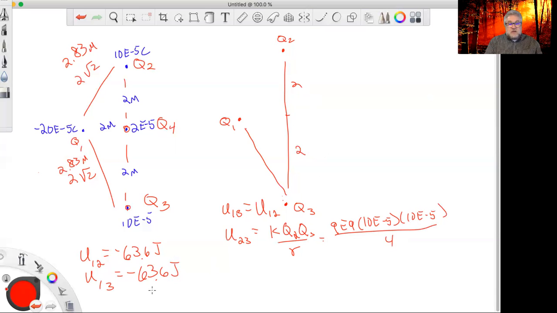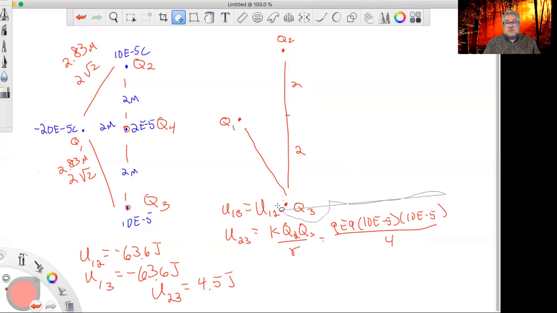And when I calculate that one, U23 is going to be 4.5 joules. Okay, just by crunching all those numbers.